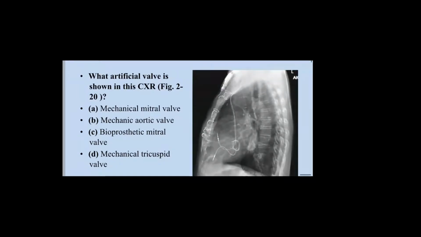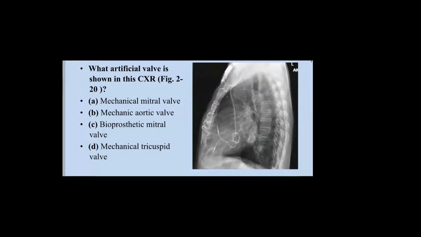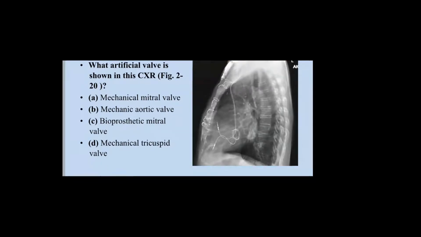Okay, now a question to you. What artificial valve is shown in this chest X-ray? Mechanical mitral, mechanical aortic, bioprosthetic mitral, mechanical tricuspid. Think of it. Okay, mechanical, number one. The second thing, we have to draw a line between the sternum.